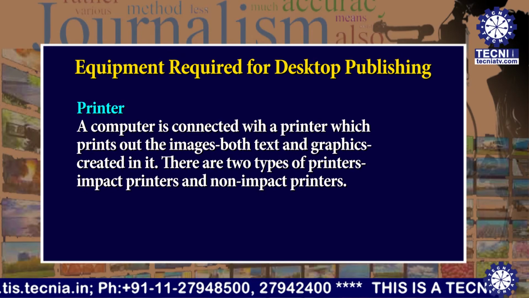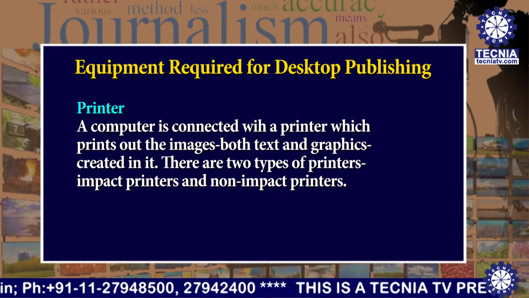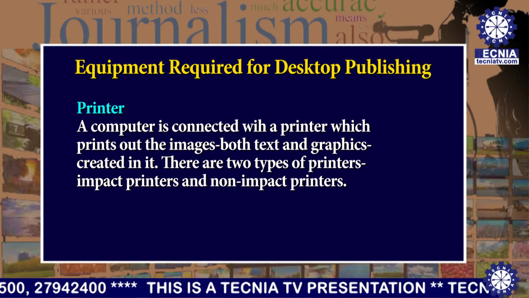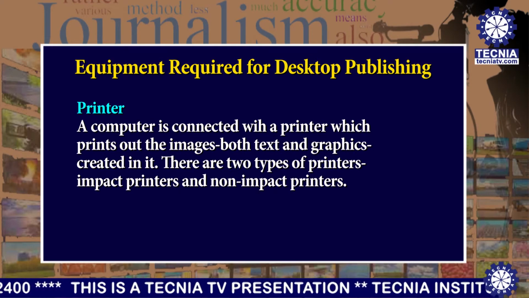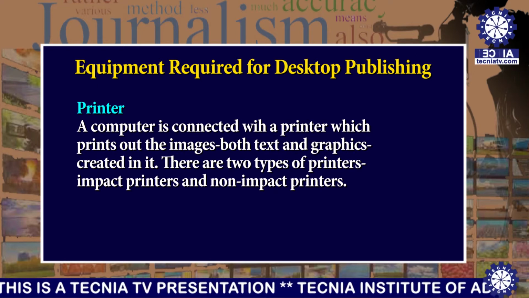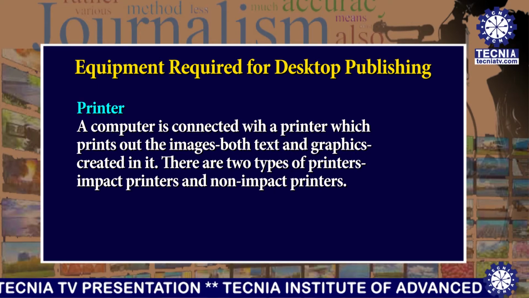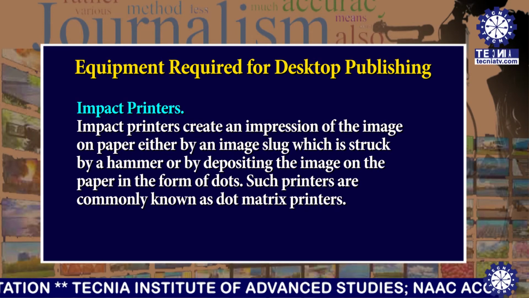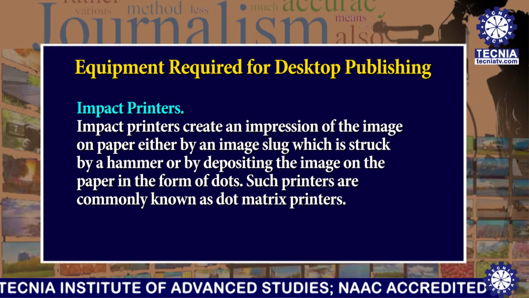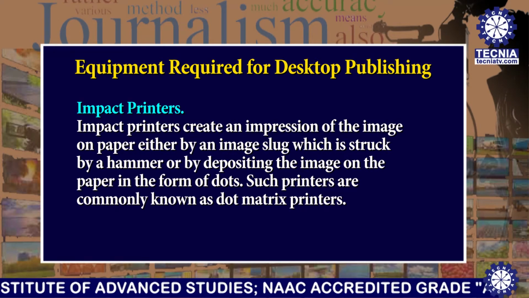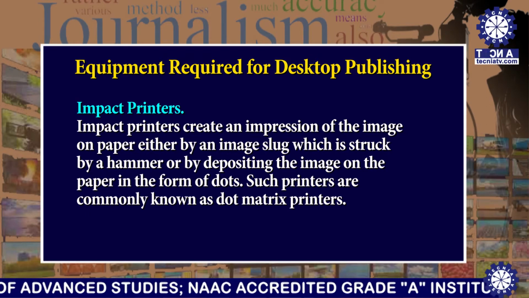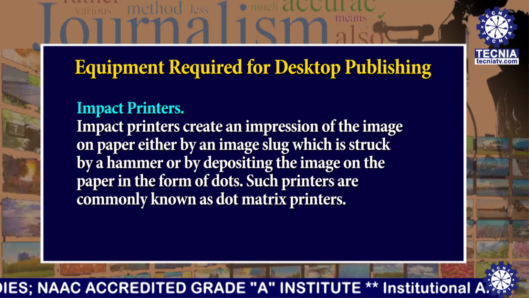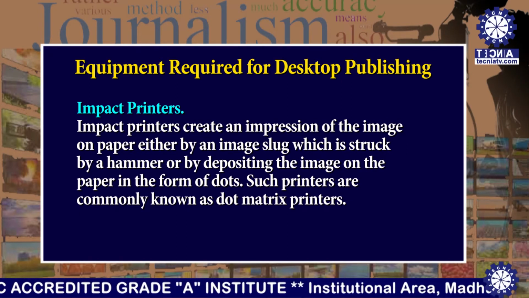Printer. A computer is connected with a printer which prints out the image, both text and graphics, created in it. There are two types of printers, impact printers and non-impact printers. Impact printers. Impact printers create an impression of the image on paper either by an image slug which is struck by a hammer or by depositing the image on the paper in the form of dots.